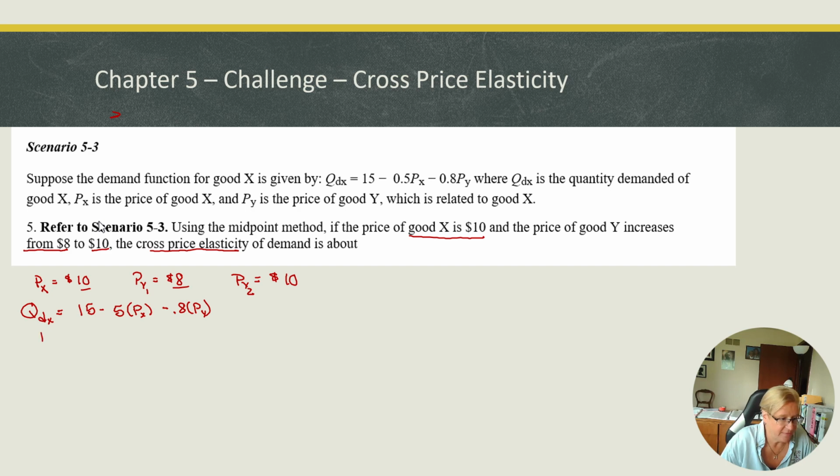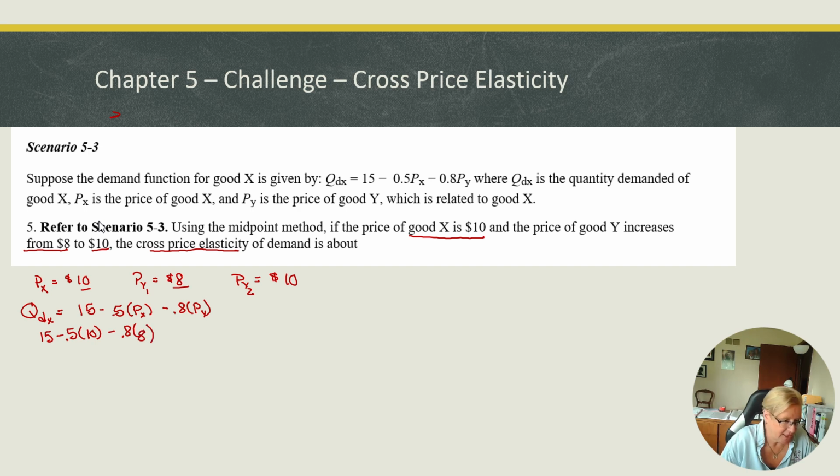So we have 15 minus 0.5 times 10. I wrote it down wrong earlier, it should be 0.5.